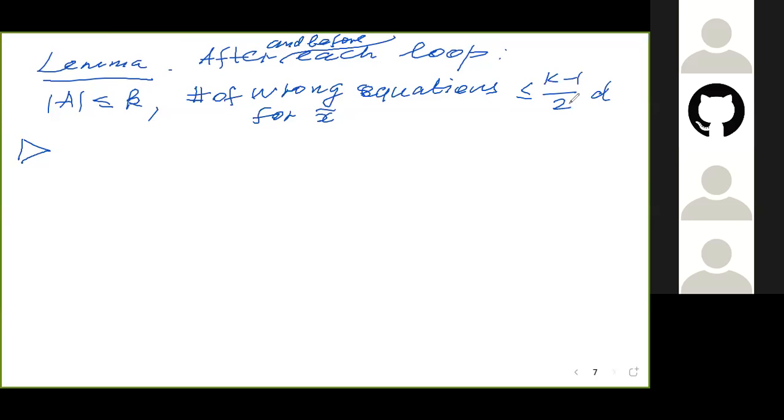So first of all, let's check that it's true at the very beginning. At the very beginning, we know that A is even at most (k minus 1) over 2. And so this inequality amply holds. And the second requirement holds because the number of wrong variables is at most (k minus 1) over 2.